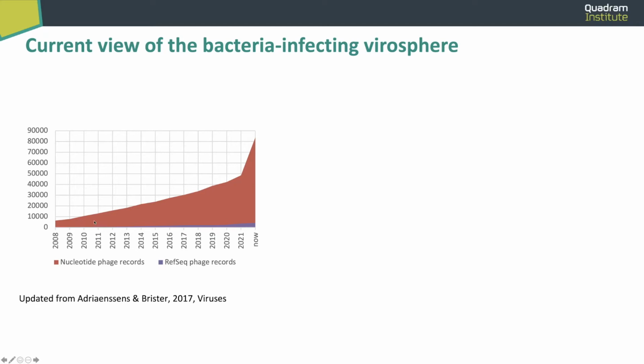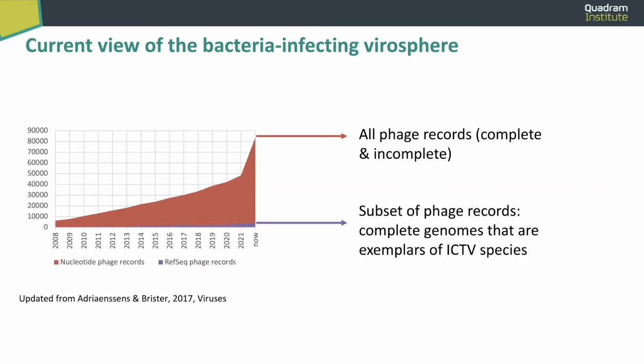So if it's just, you know, a primer sequence or an amplicon sequence, that's also in here. And we've gone rapidly up. At the same time, we have the RefSeq phage records, which are the ones where the accession number starts with NC underscore. Those are now only about 4,000 odd something, or maybe 5,000. And that is because this is a subset of the phage records.